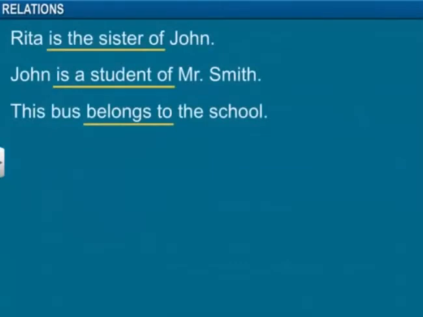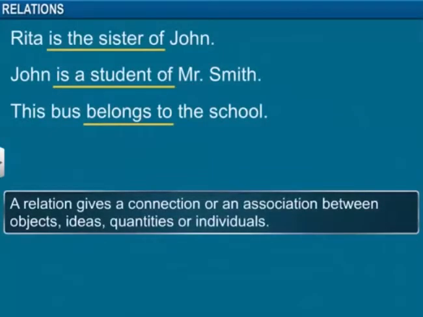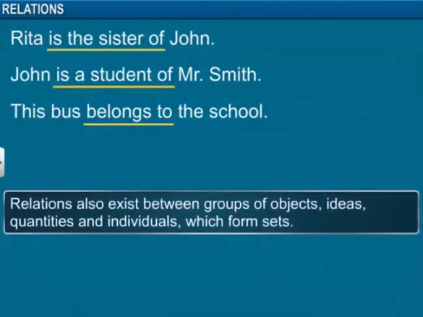A relation gives a connection or an association between objects, ideas, quantities, or individuals. Relations also exist between groups of objects, ideas, quantities, and individuals which form sets.